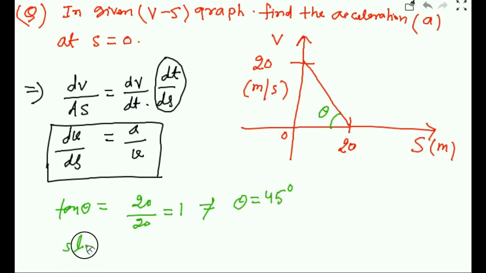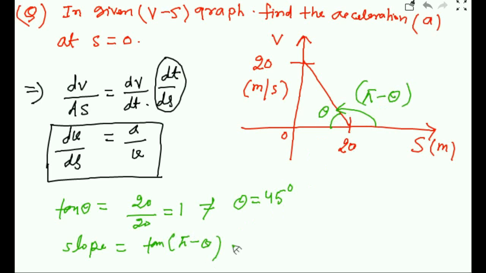So what about the slope? Slope will be tan of pi minus theta, because the slope is always measured from the x-axis in the anti-clockwise direction. So pi minus pi by 4 will be 3 pi by 4.